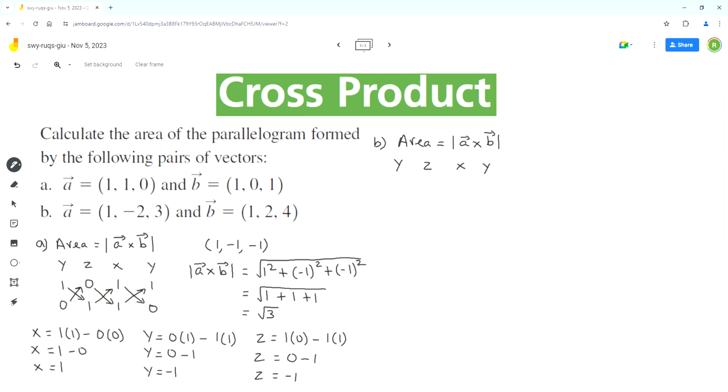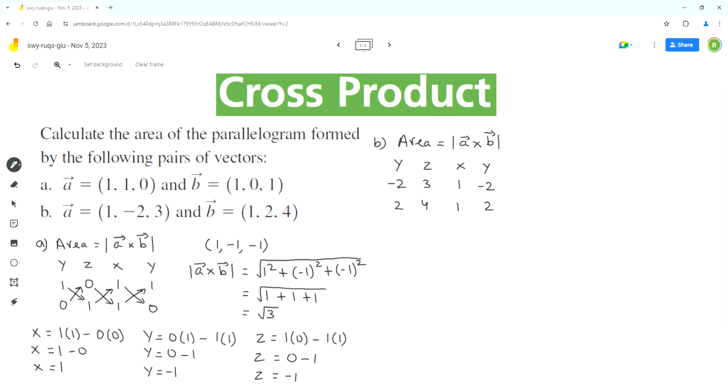So for vector A, the y component is negative 2, z component is 3, x component is 1, y component is negative 2. For vector B, the y component is 2, z component is 4, x component is 1, and y component is 2.